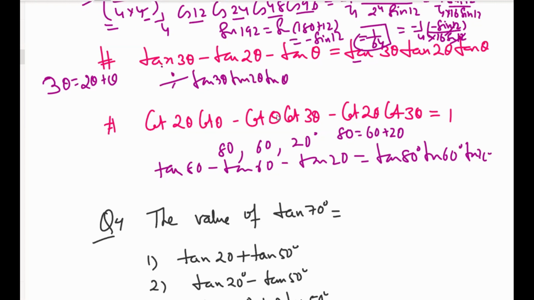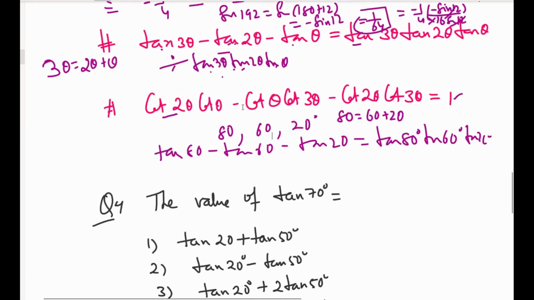If I divide tan 3θ by this, tan 3θ cancels out, and we are left with 1 by tan 2θ, 1 by tan θ, which is cot 2θ cot θ. Dividing this term, tan 2θ cancels out, and we are left with 1 upon tan 3θ, 1 upon tan θ, that is cot θ cot 3θ. Similarly, dividing this one, tan θ cancels out, and we are left with cot 2θ cot 3θ. And on the RHS, the whole term cancels out and we are left with only 1. So this is the result in terms of cot.